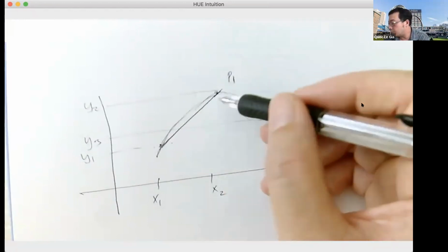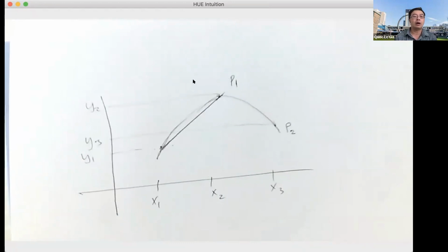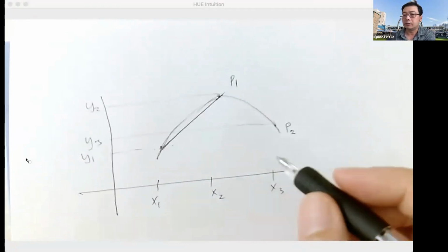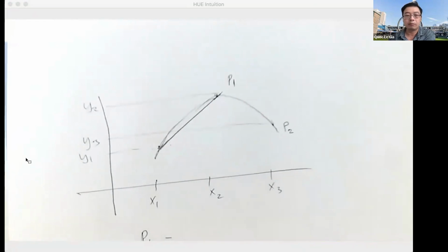So this is P1 and this is P2, right? And now remember we have the form for P1 and P2 by the notation of divided difference.